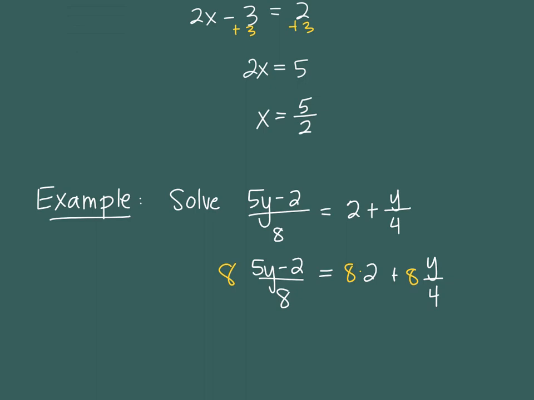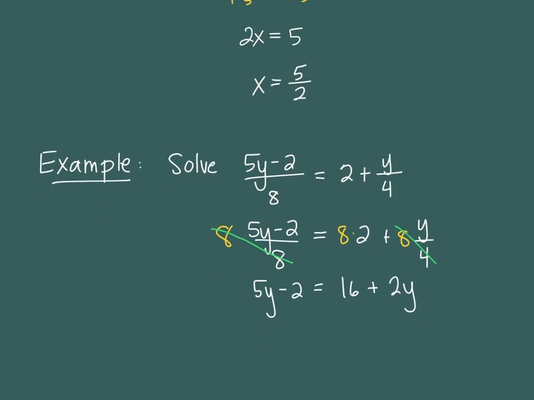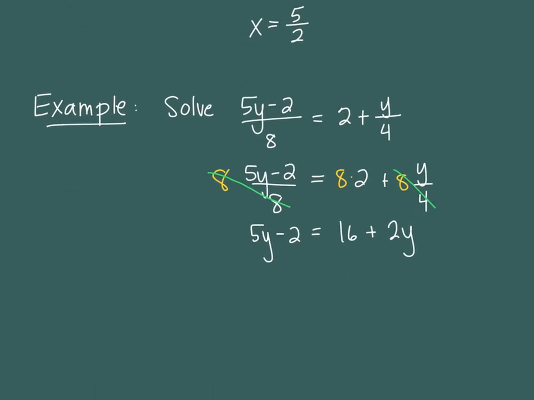So we'll look to reduce. The big 8 on the outside is going to reduce with the 8, leaving me with 5y - 2. 8 multiplied by 2 gives me 16. And then I do have a chance to reduce again. 8 and 4 reduce, not completely, but they leave me with 2y. And that's just a much simpler problem to work with.